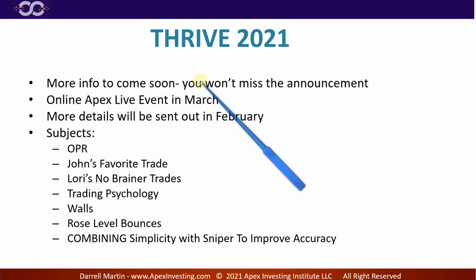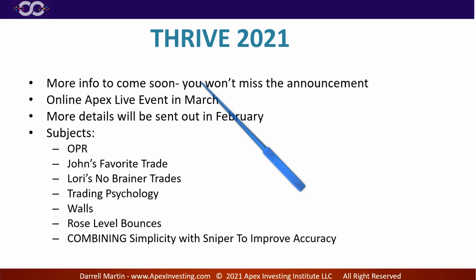We're going to be talking about order prints, absorption, and rejection. It's going to be a live online event because of COVID. Otherwise, it would be in person. I asked John if he had a favorite trade, what would it be? And he instantly knew the answer. He's going to be teaching you his favorite trade, and it is extremely simple.